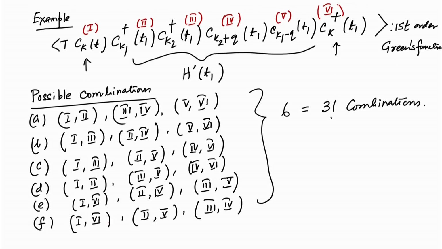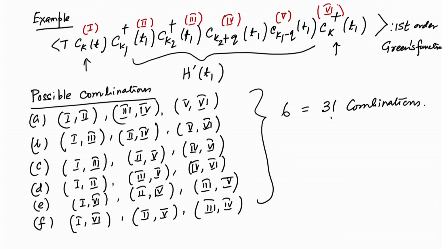So, let us first write down each one of them, and specifically we shall take some time and treat this as a tutorial such that you learn this decoupling and writing the full first order Green's function in terms of the non-interacting Green's function.